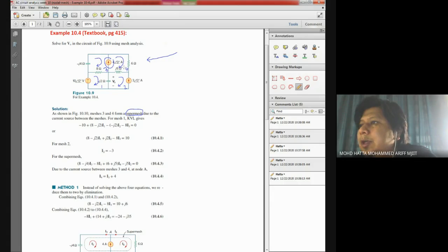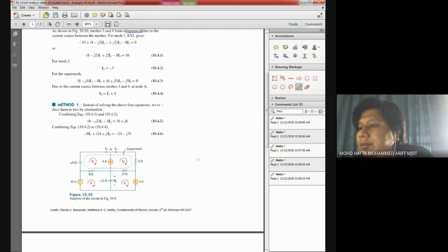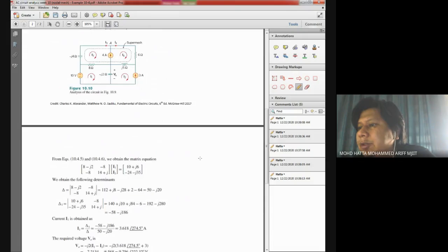These two meshes will form a super mesh, and we start solving the circuit using mesh number 1 first, and later on get into the super mesh. All right, here is the complete solution. You can have a look.